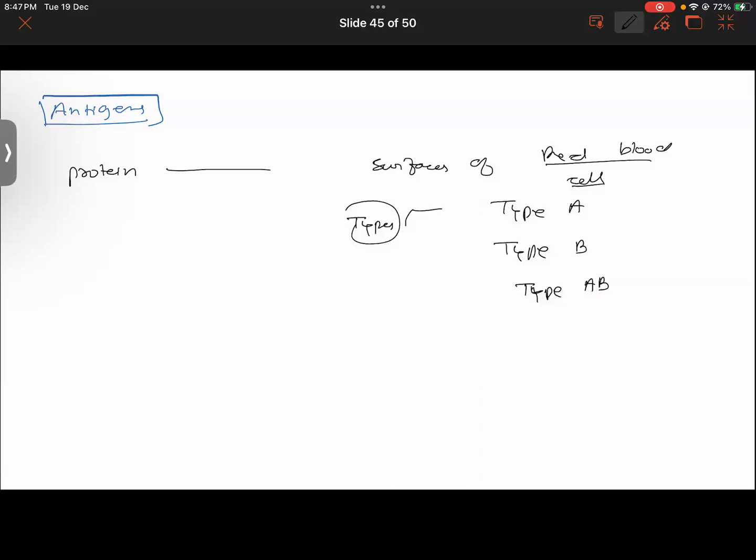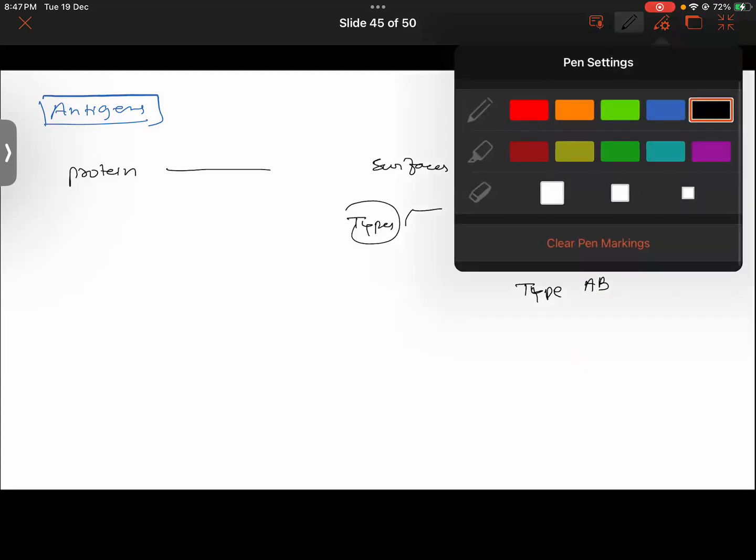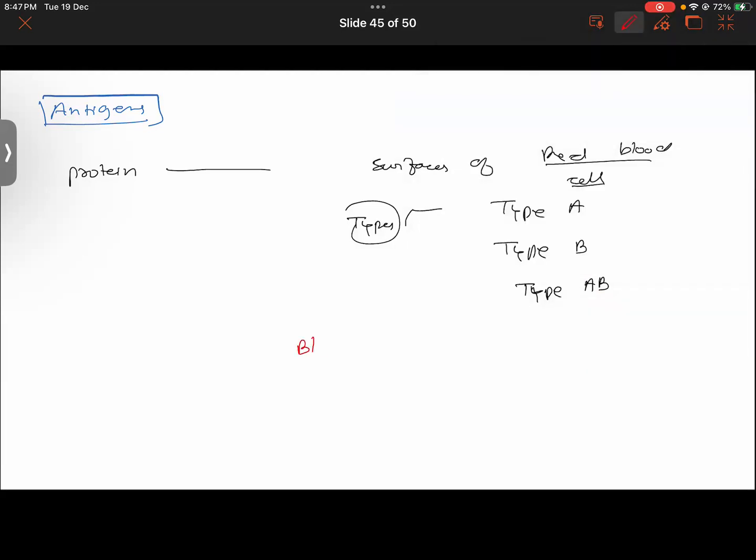But sir, I have blood group O also. So what about blood group O? Blood group O has neither of the antigens present on it. Blood group O has no antigens.